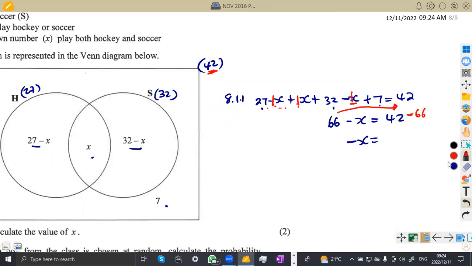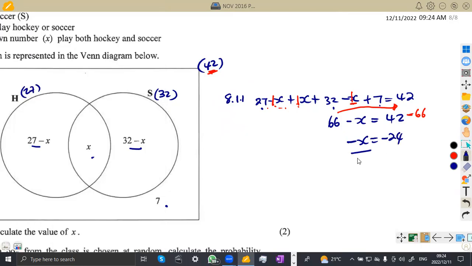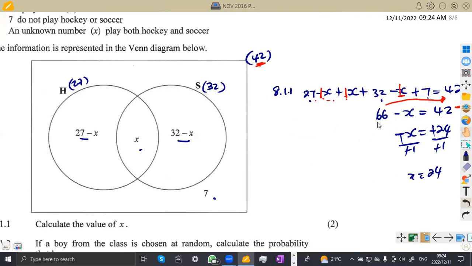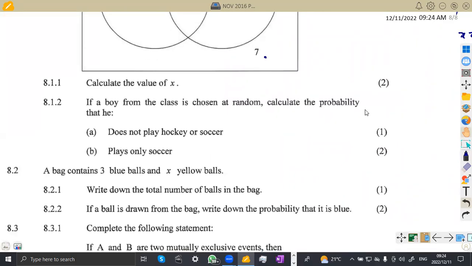So we have 42 minus 66, which is negative 24. So to find X, divide by negative 1 both sides so that we can cancel this. Our X is going to be 24. So the question here is asking us to find the value of X. So we are done.